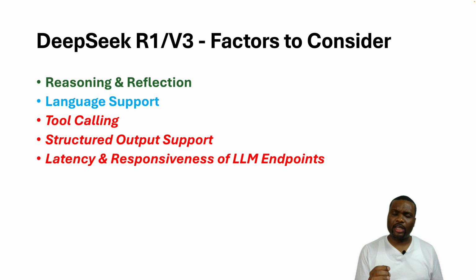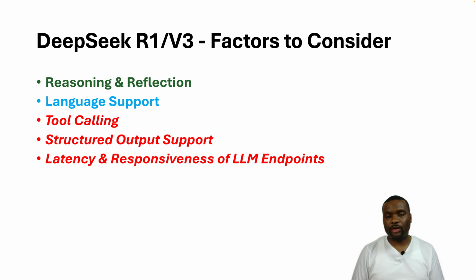I've also seen a scenario where the responsiveness of the endpoint is not satisfactory, particularly with applications where there is an expectation by the user that the language model or the agent will respond almost immediately.